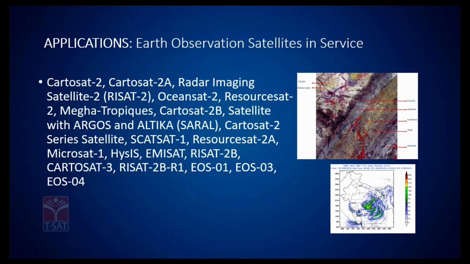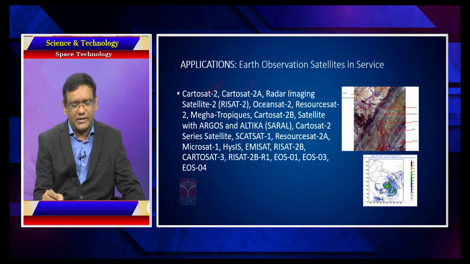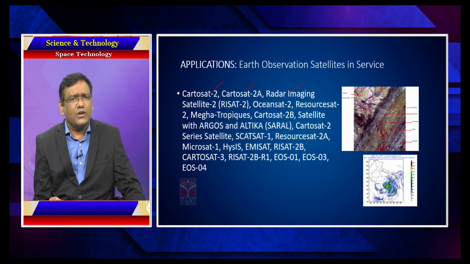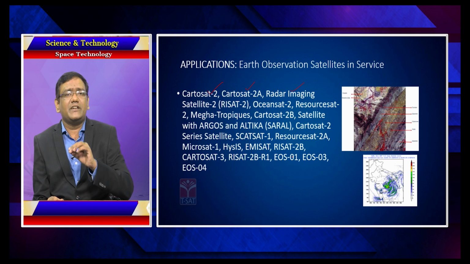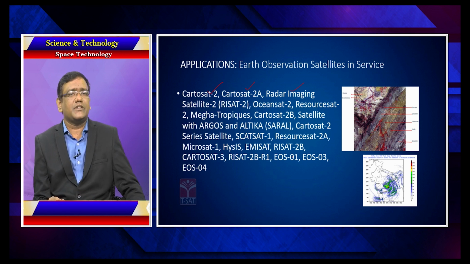These are the various satellites that are in service for Earth observation itself: Cartosat, Cartosat-2A, a radar imaging satellite RISAT-2, OceanSat-2, ResourceSat-2, Megha-Tropiques, the Cartosat-2B satellites, SARAL with Argos and AltiKa, and the Cartosat-2 satellite series, SCATSat-1, ResourceSat-2A, Microsat-1, HySIS, and then EMISAT, RISAT-2B, Cartosat-3, RISAT-2BR1, and EOS-01, EOS-03, and EOS-04. These are the satellites that are in service as of now.